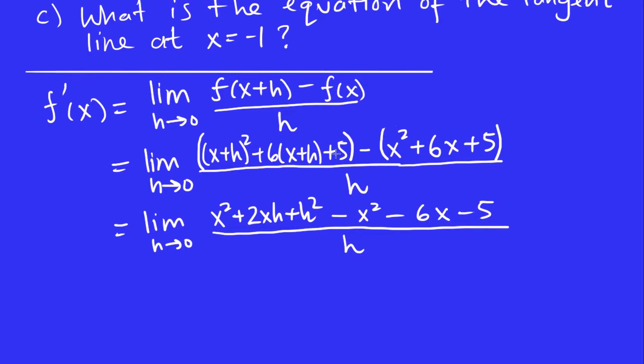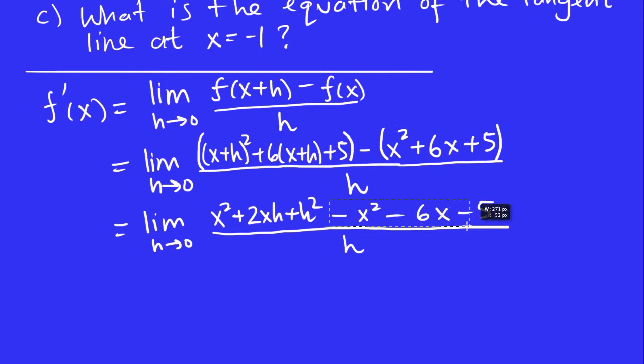I made a little mistake here, didn't I? I did (x + h) squared all fine, but I forgot all this 6(x + h) stuff plus 5. I'm sorry about that. Let me fix that.